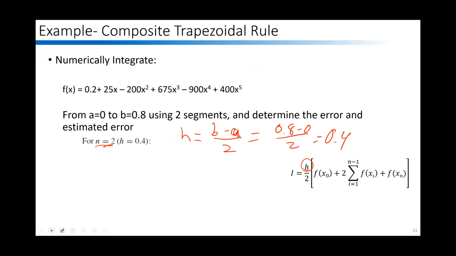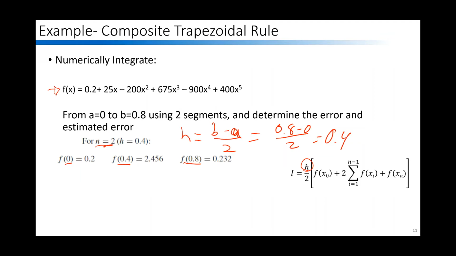I now need to go in and calculate my function values at these different points. So we need at 0, we need our halfway point, x1, which should be at 0.4, and x2. Here I'm just writing out those values by plugging in these different x's.